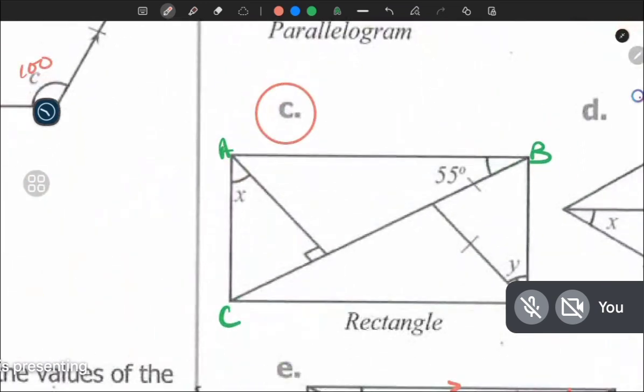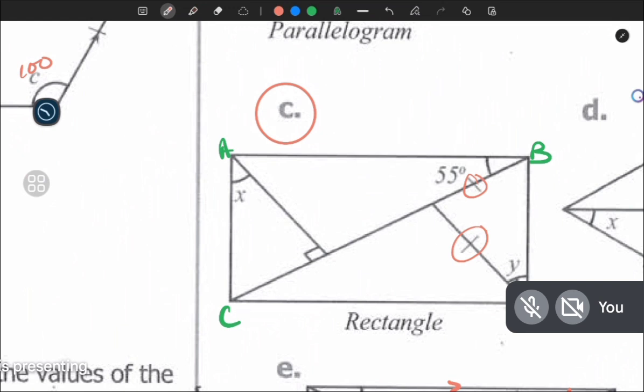Now look at this question. Can you try this one on your own? Discerning from the image, we can tell that this line and this line are equal. The image is sort of distorted.